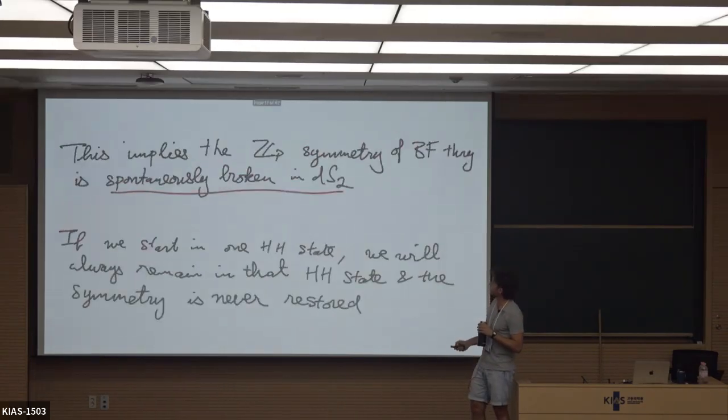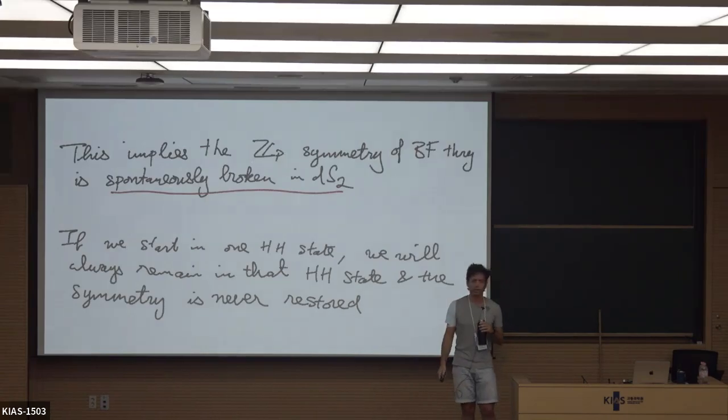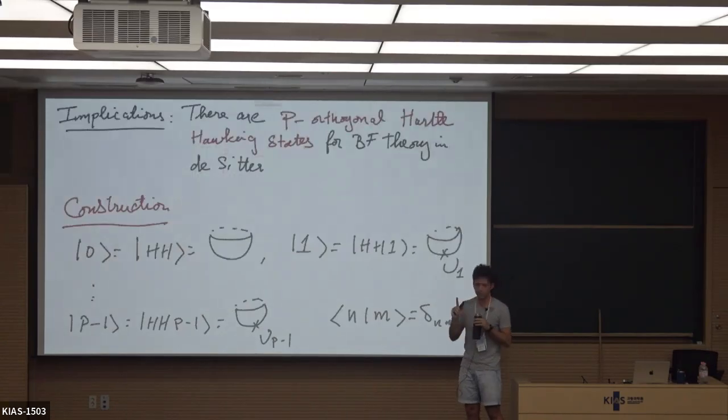So what does this mean? This implies that this theory has a ZP symmetry. I put it on de Sitter, and there are P states. And I want to mention one more thing, just in order to make it absolutely clear. The theory that I'm explaining to you here is a topological theory.